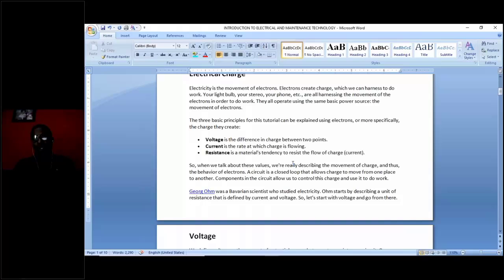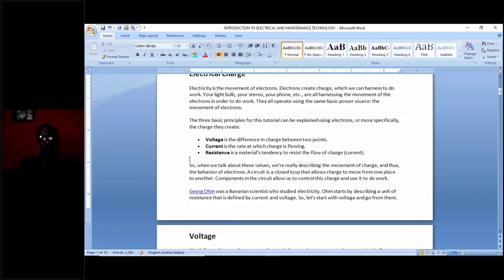Your current is the rate at which charge is flowing through a conducting material, and your resistance is a material's tendency to resist the flow of charge.